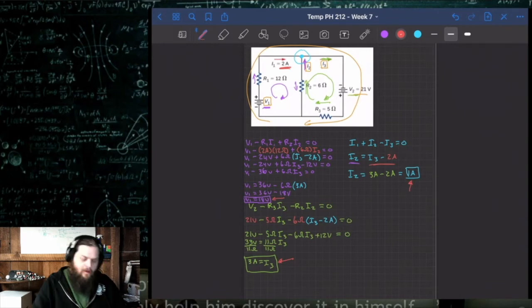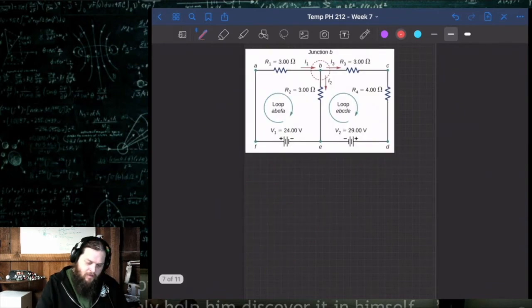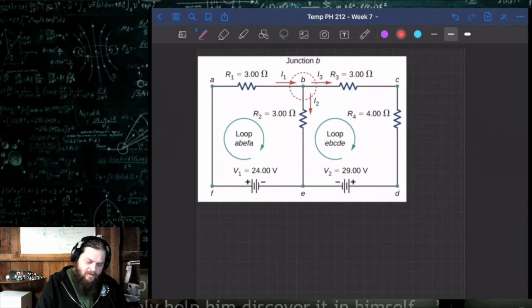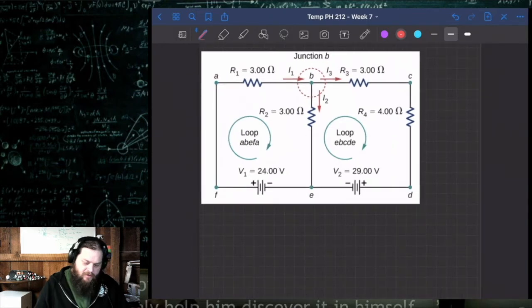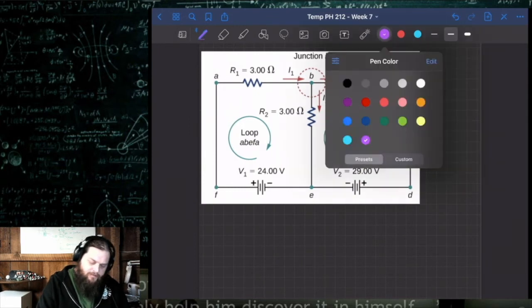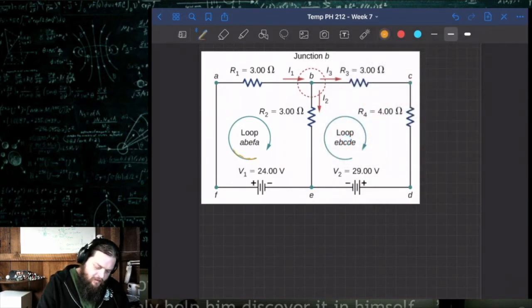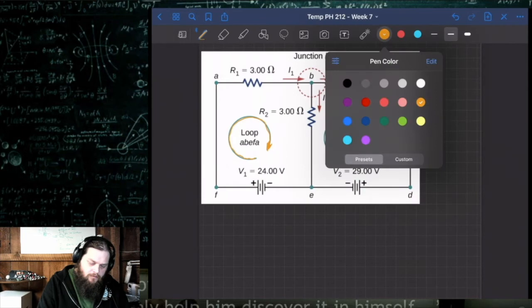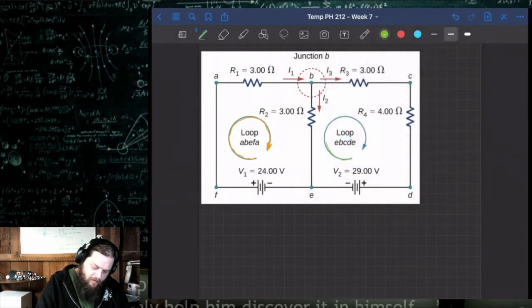Let's go on and try another one. This is a similar type of thing. We have 2 loops and a junction we're going to be looking at. I'm going to use this loop here and this loop over here, make a thicker line.